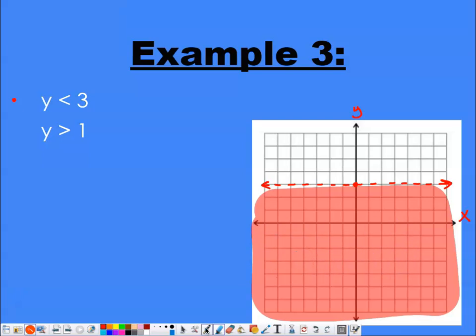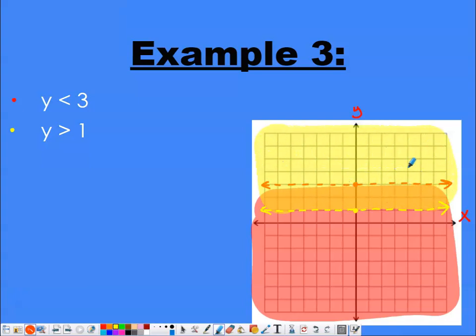Okay, let's go ahead and do that next one. Let's use yellow for that one. And we're going to go along the y-axis again up to +1. Dashed line. And then we have greater than, so we are shading above the line.